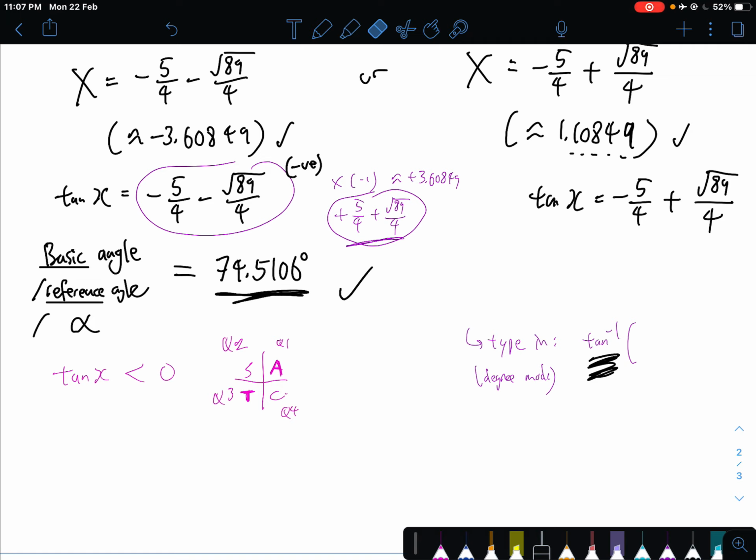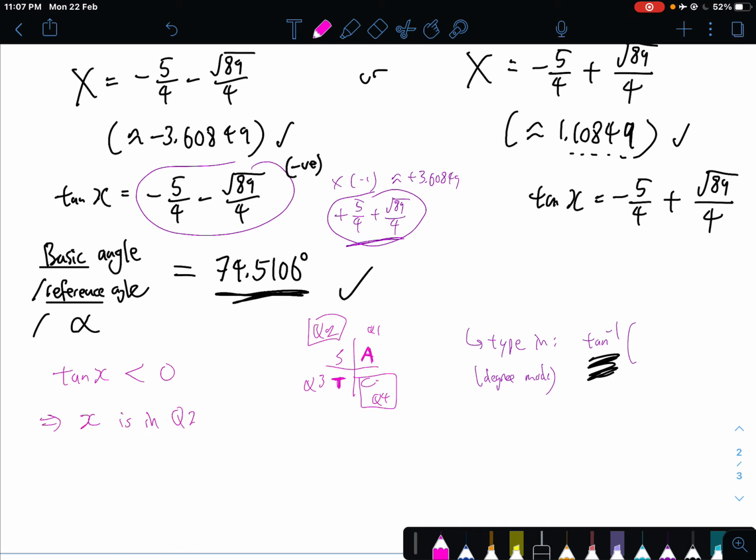Instead, tangent x being negative will mean that the angle x is in quadrant 2 or quadrant 4, based on ASTC.